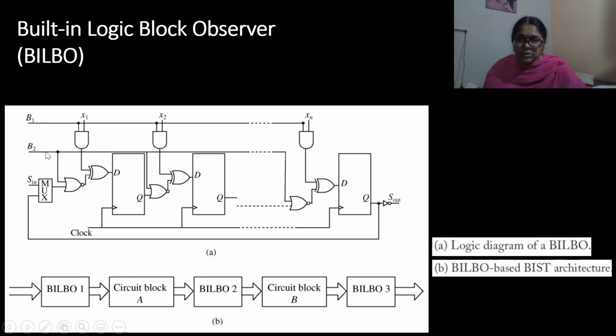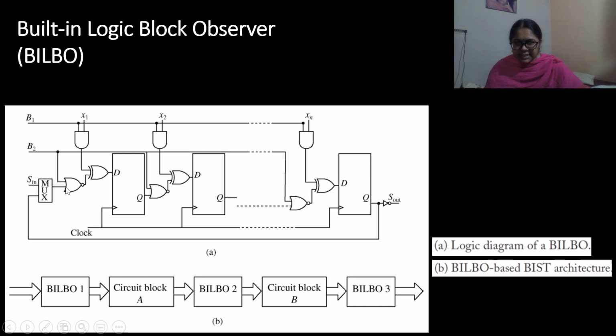Third case, B1 is equal to 0, B2 equal to 0. When B1 is equal to 0, obviously the output of the AND gates will be 0. So the output of the XOR gate will be whatever the output of the NOR gate is. Now B2 equal to 0, so one of the inputs to the NOR gate is equal to 0. And the other input to the NOR gate is the SIN input, which has been sent through the multiplexer.